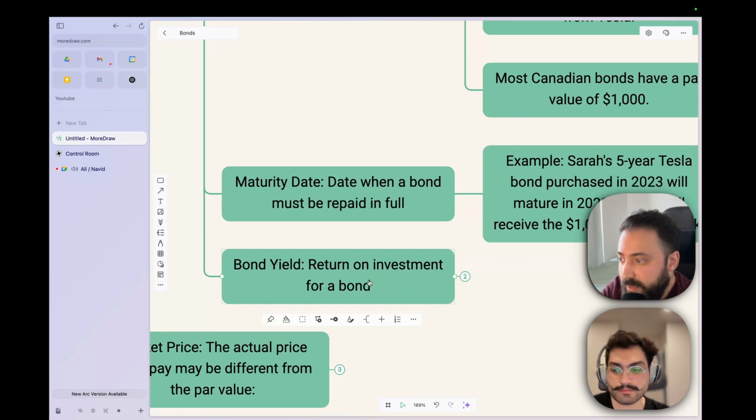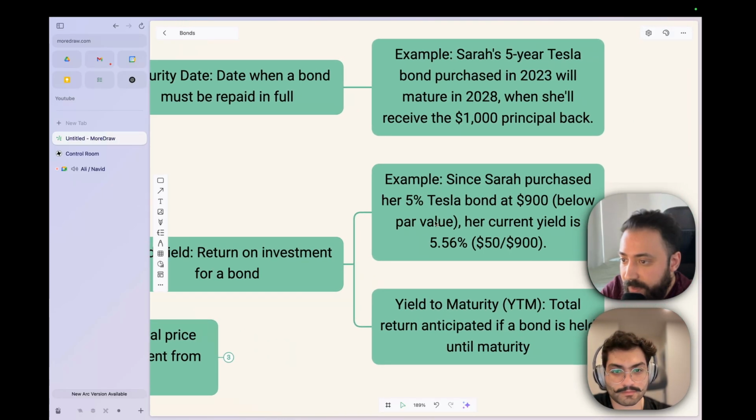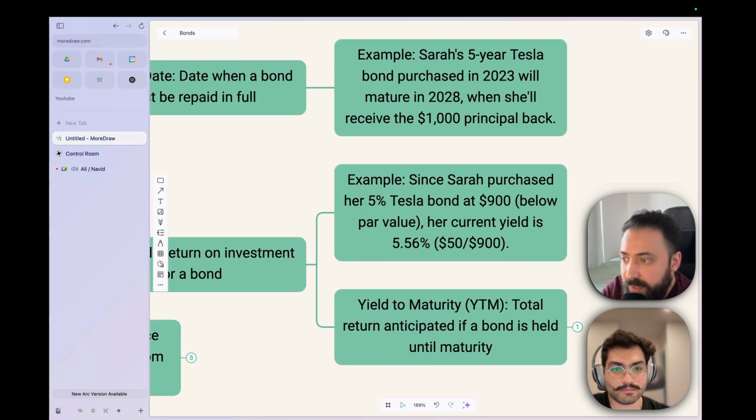So the next term is bond yield, which is the return on investment. For example, since Sarah purchased her 5% Tesla bond at $900, which is below par value, her current yield is 5.56%, which is $50 divided by 900.